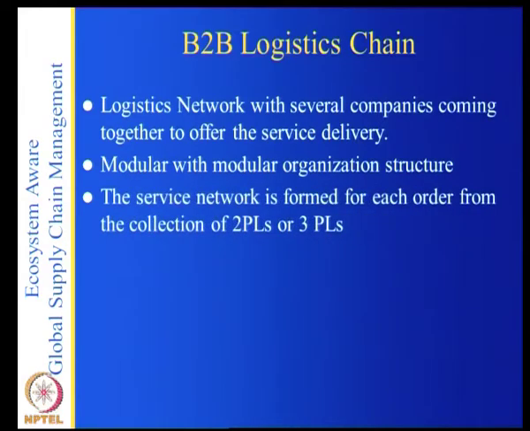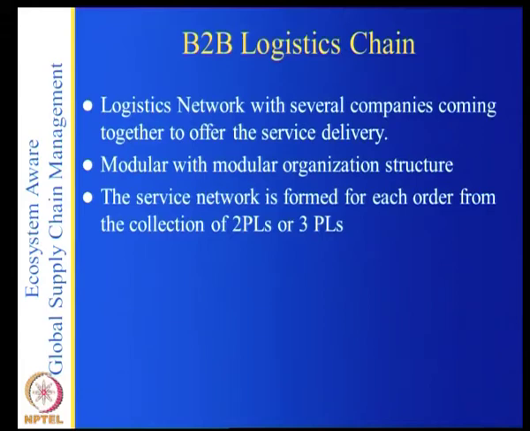The service network is formed for each order from the collection of 2PLs or 3PLs. Supposing an auto company wants to transfer some components from somewhere in the United States to Detroit, or in India, from say Pune to Gurgaon near Delhi.